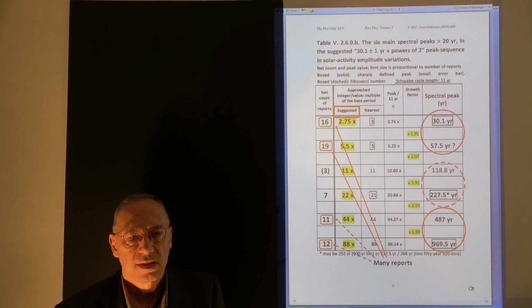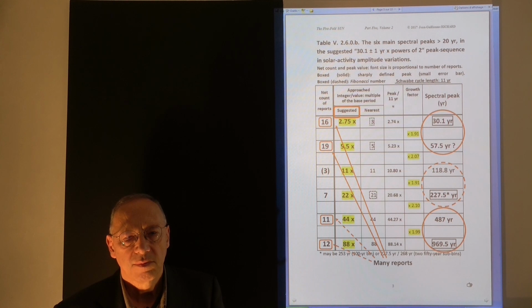These are the 6 main spectral peaks detected in observations in this project that can be assigned to a sequence in which every length would double compared to a base period of 30.1 years plus or minus 1 year.